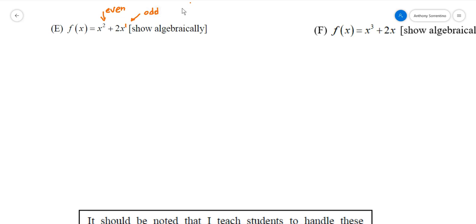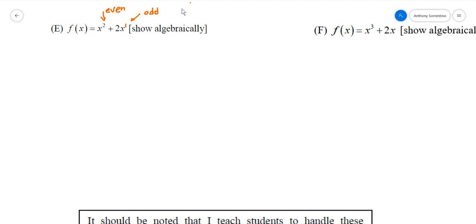So by the shortcut that we defined, since it's not only evens and it's not only odd powers I have here, I would expect this to be neither. Okay, but again, that is not any kind of definitive proof.